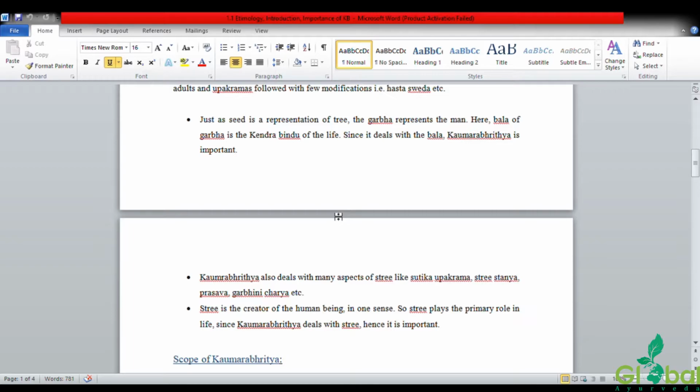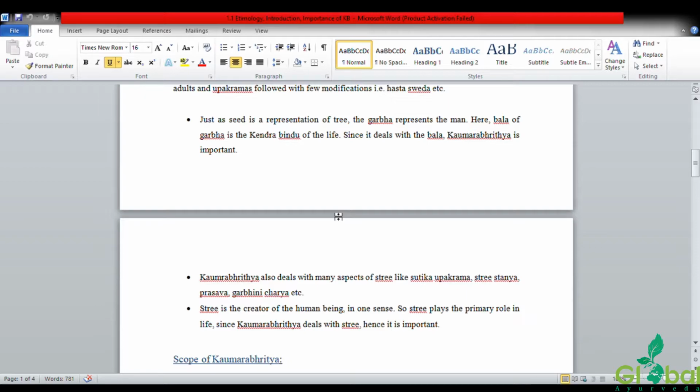Kaumarbhritya deals with the concept of Bala, initially starting from the Garbha, to adolescence, to the completion of this Praudavastha. That is why Kaumarbhritya is very important.